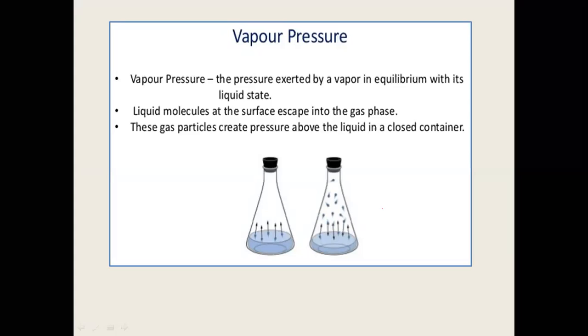Why is it viscous? Because the rate of evaporation is very low in viscous liquids. Why is it volatile? Because the rate of vaporization is rapid in volatile liquids. Therefore, at a given temperature, different liquids will have different vapor pressures.